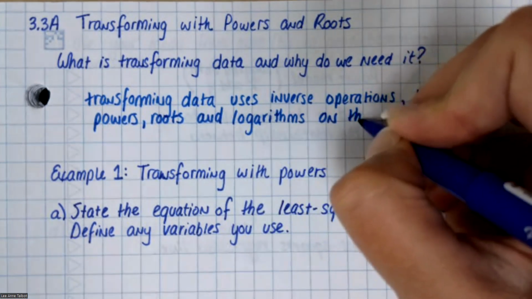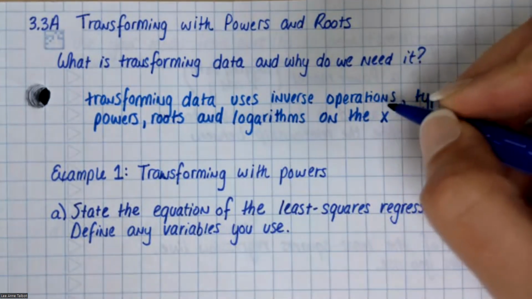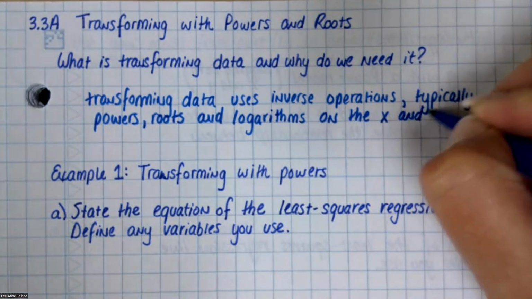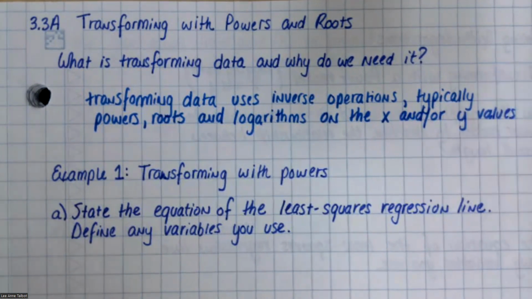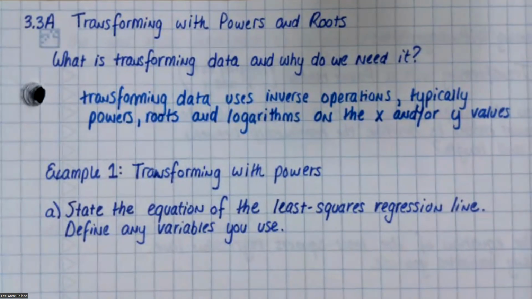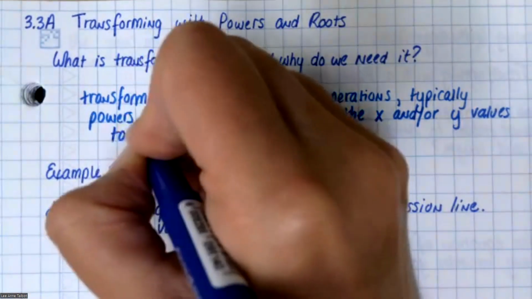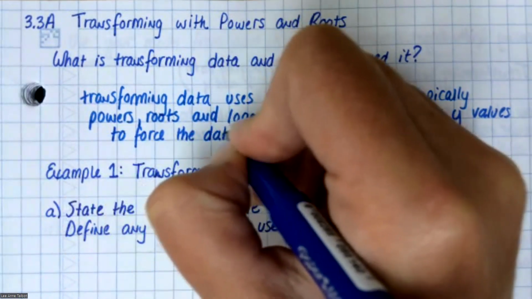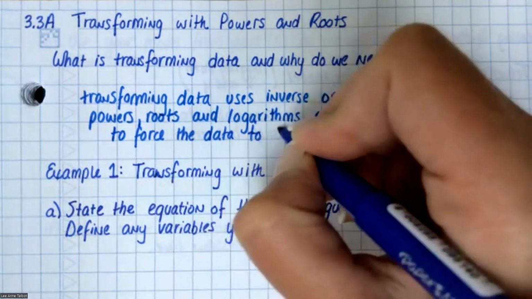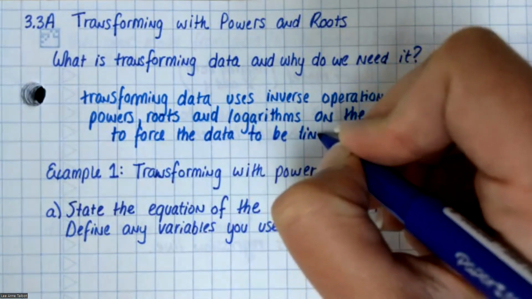On the x and or y values. So they might do stuff to the x and the y, and the one we looked at, they just cubed the x to force the data to be linear.